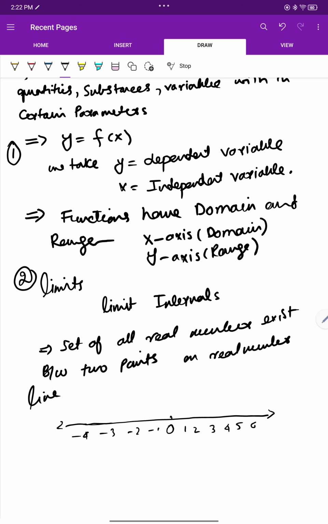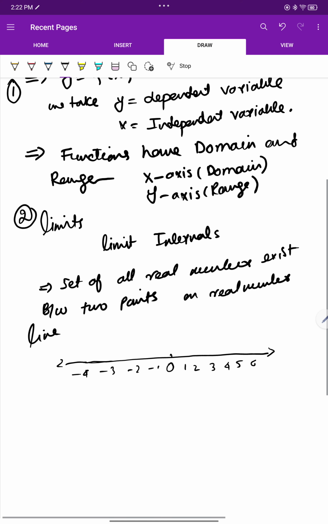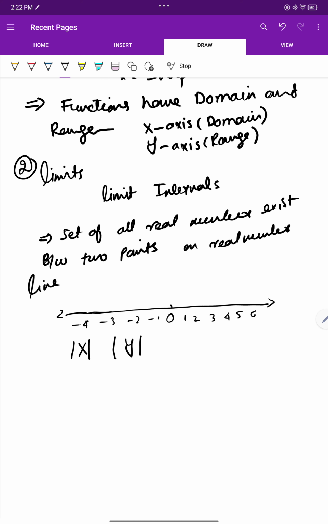So and distance can never be negative, and we represent the absolute value like x absolute, y absolute. So and always if you come across with this one, so it has two values.